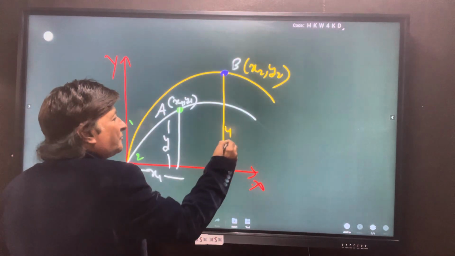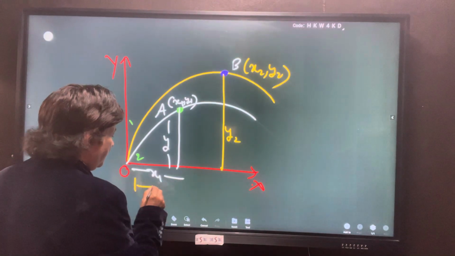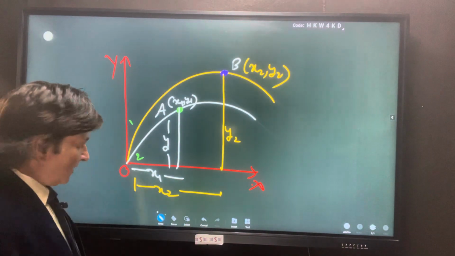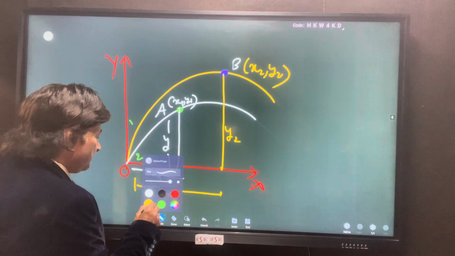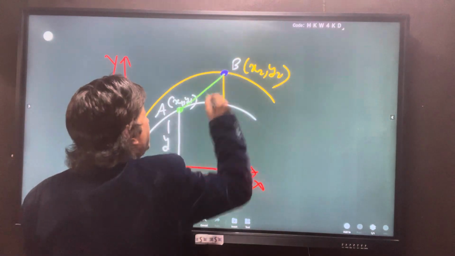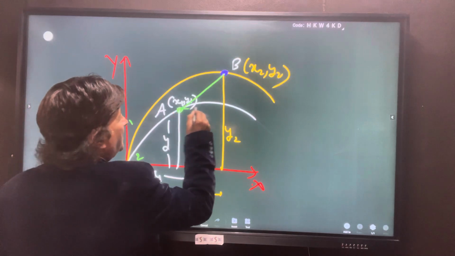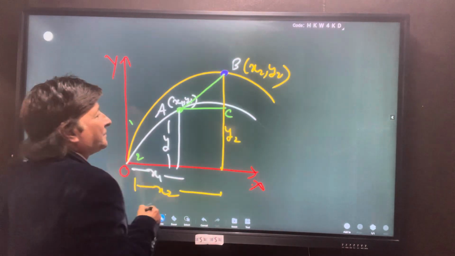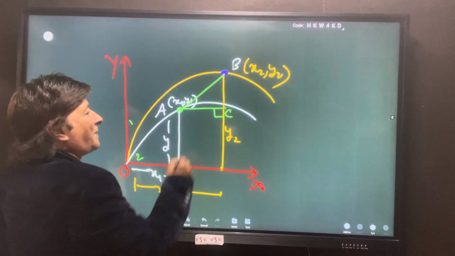This is y2 and this is x2. Now, dear students, we join AB and we draw a perpendicular, say AC is perpendicular.